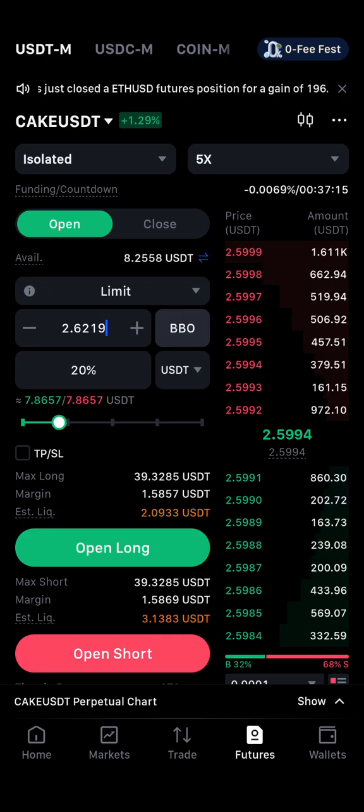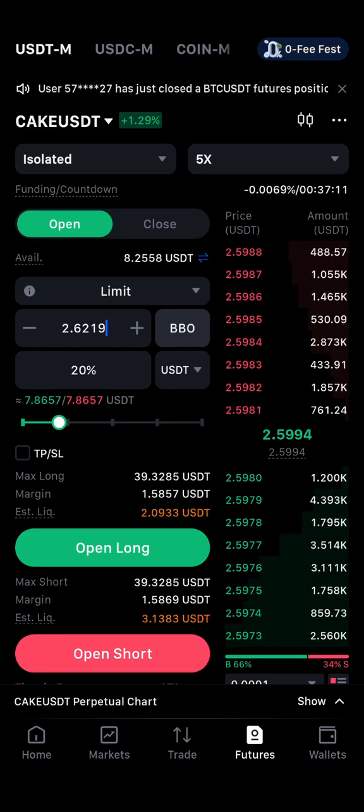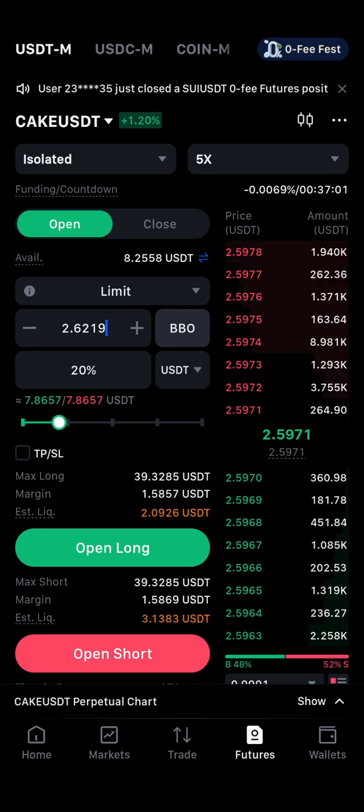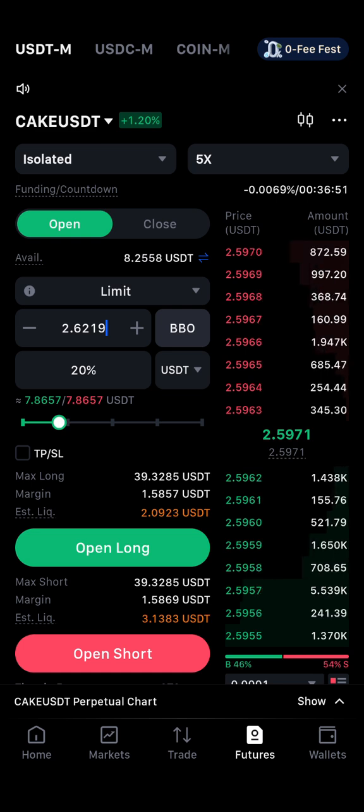Now, using your leverage of 5x, the total you are going to be trading is $7.8657. So your own real money is 1.8 something, but you are leveraging so that you can trade with 7.8 something dollars.